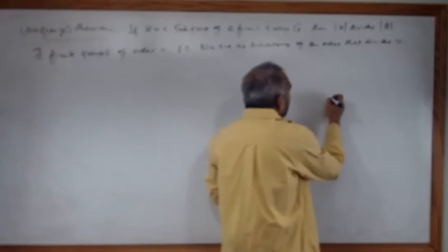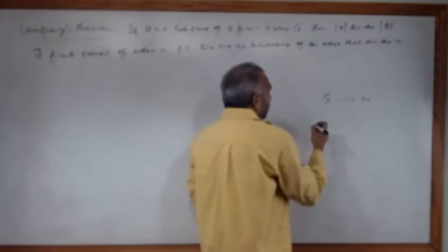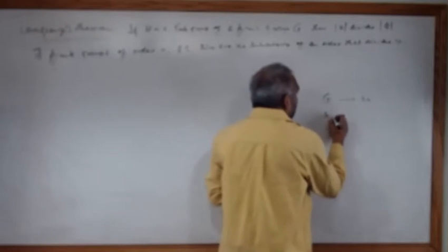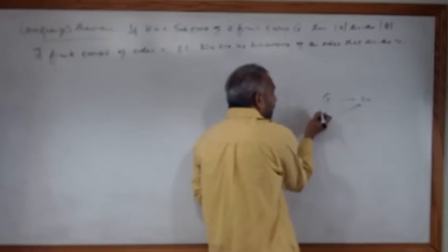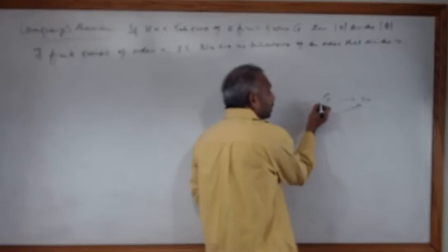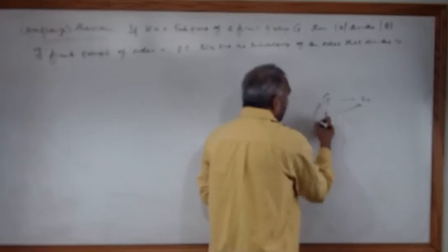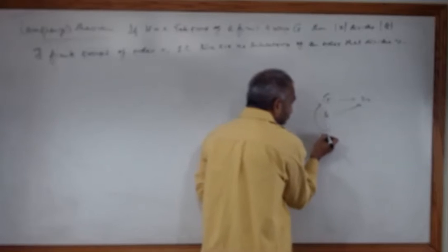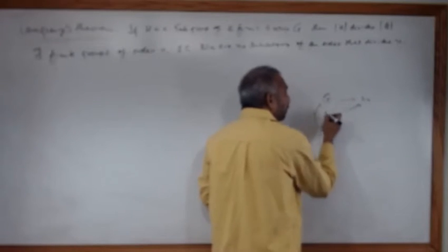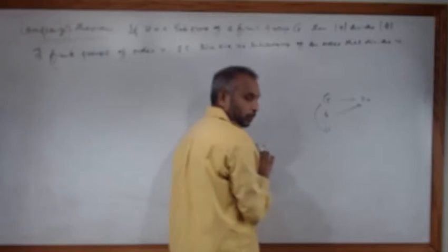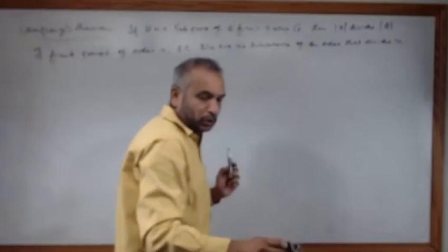Meaning if G is of order 24, then 6 is a divisor of 24, we can find a group such that there is no subgroup of order 6 of G. If there is a subgroup H of G, then Lagrange's theorem states that the order of H divides the order of G. But that does not mean that for every divisor of the order of the group there exists a subgroup. So we are going to find a counterexample to show this.